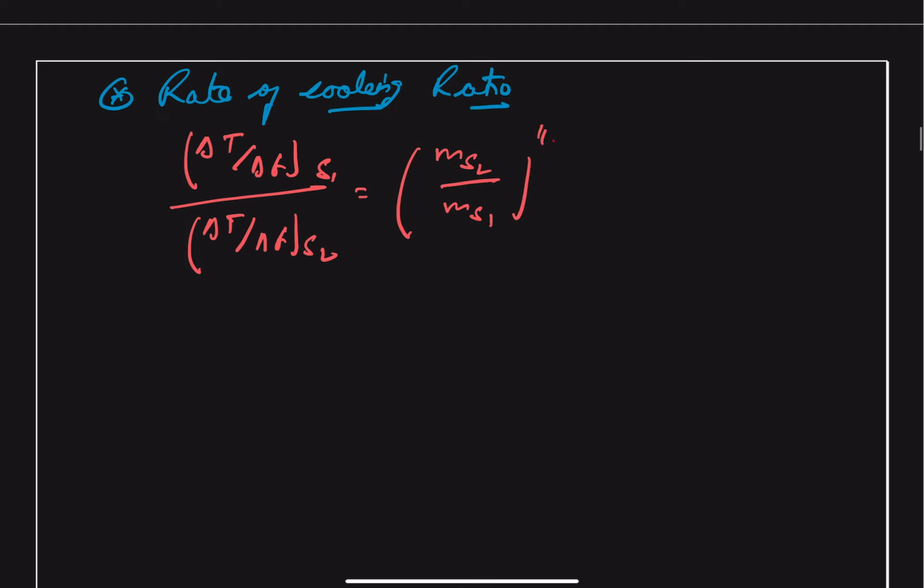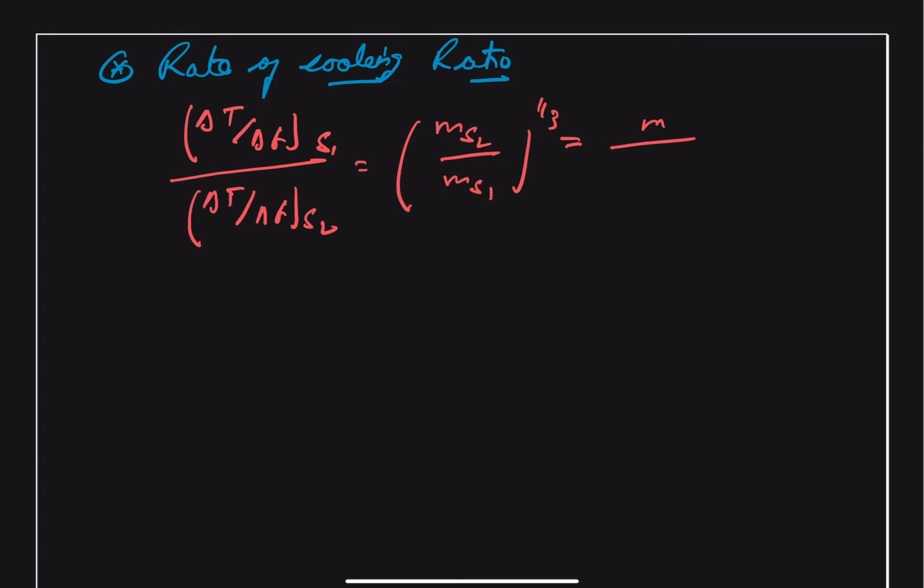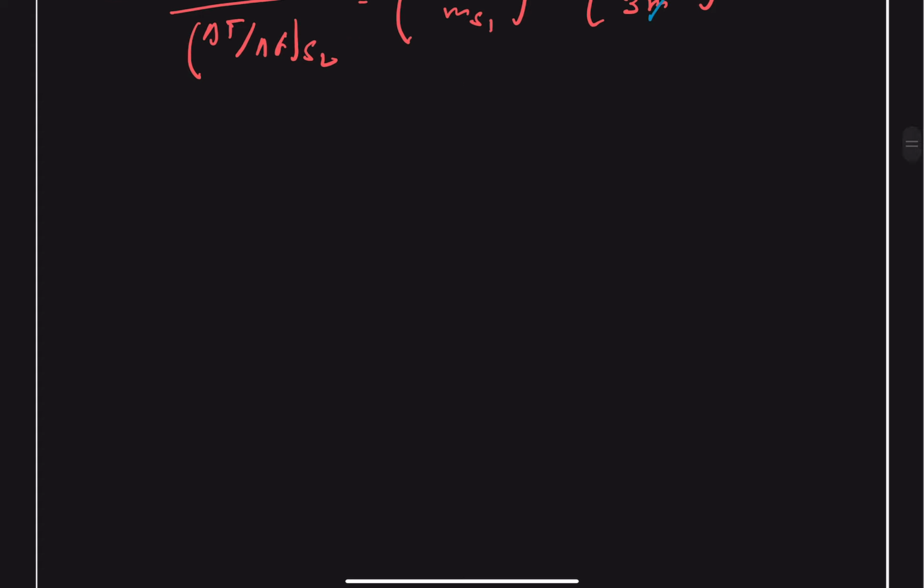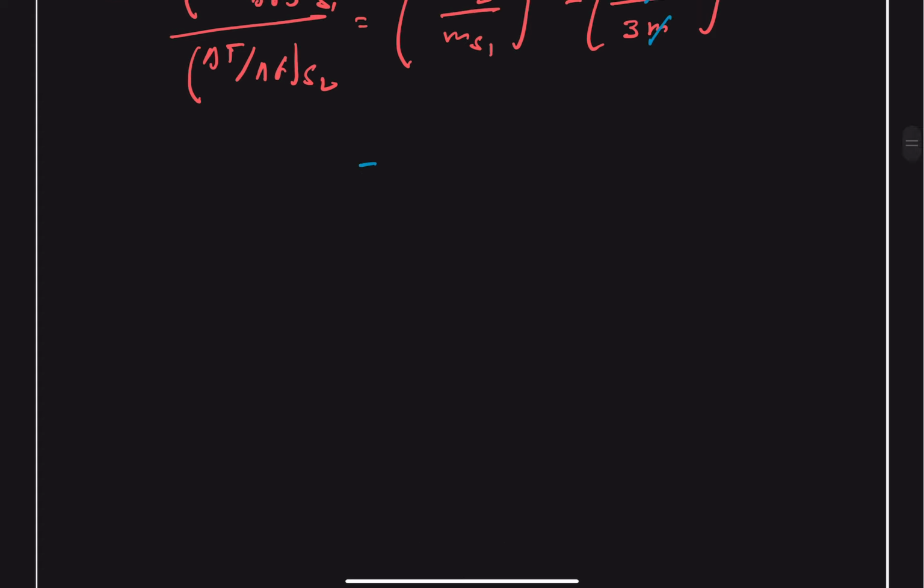We substitute the values: mass 2 is m and mass of sphere S1 is 3m, whole raised to power 1 by 3. m cancels with m, so we get the ratio equal to 1 upon 3, whole raised to power 1 by 3.